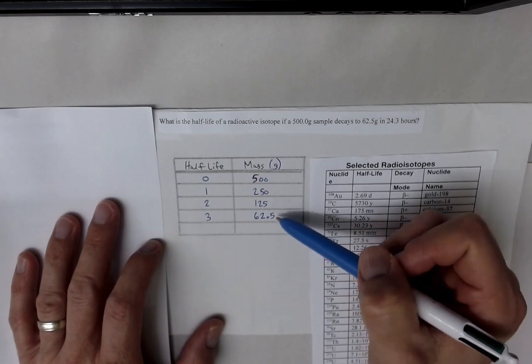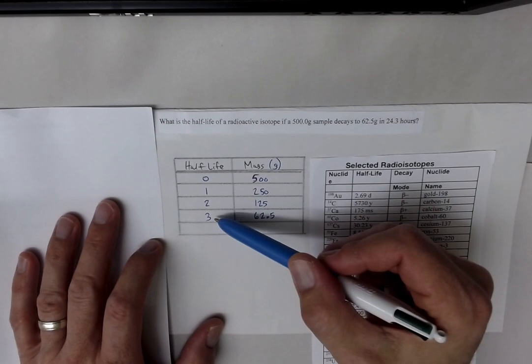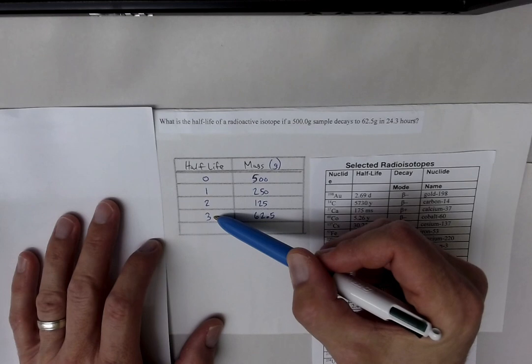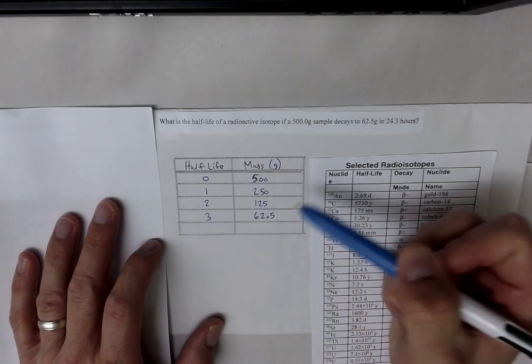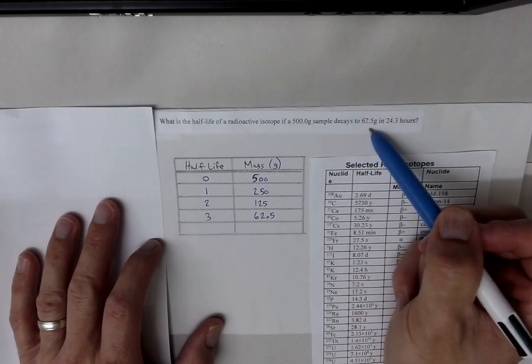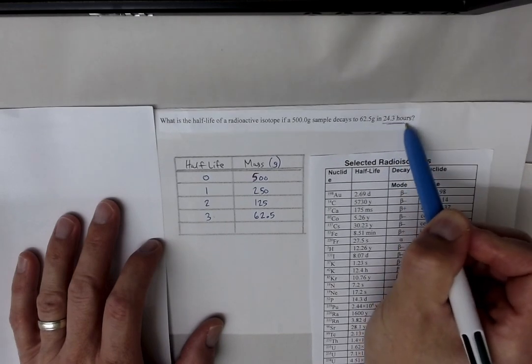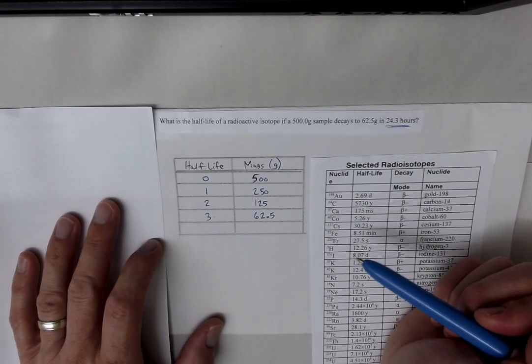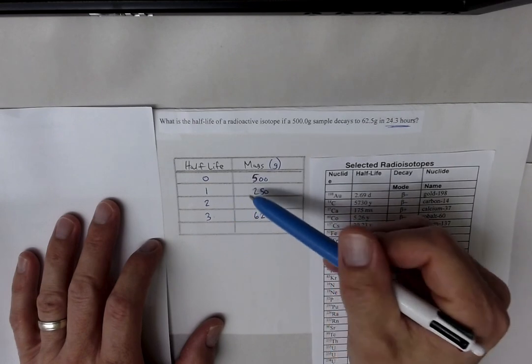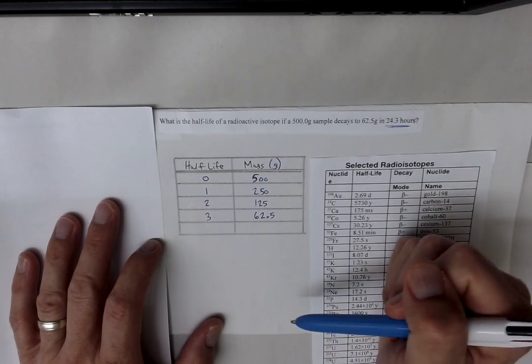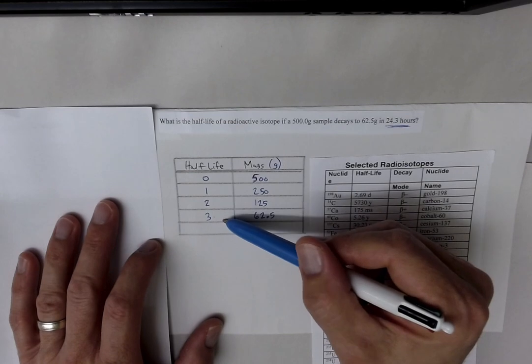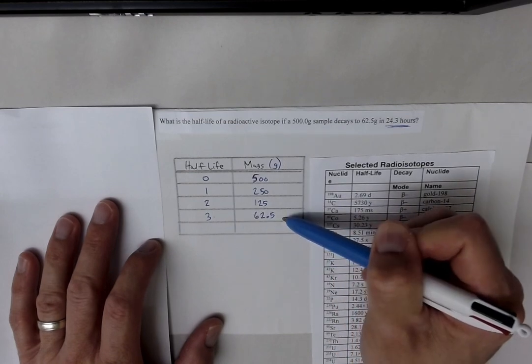And where it takes us is that we realize that after the third half-life, we will have the amount of sample that it's asking about. So then we know that it's going to take 24.3 hours for all three half-lives, for the third half-life to have happened.